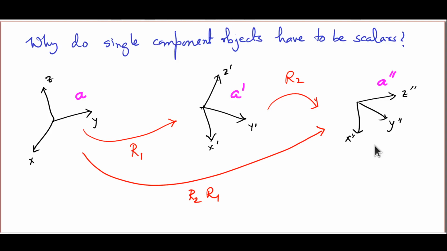And a very, very important point in this whole discussion is going to be this rather mundane fact that instead of rotating the coordinate system, the original one, the one labeled x, y, z, first through r1 and then through r2 to arrive at x double prime, y double prime, z double prime, we could have carried out the same transition from x, y, z to x double prime, y double prime, z double prime by carrying out a single rotation.